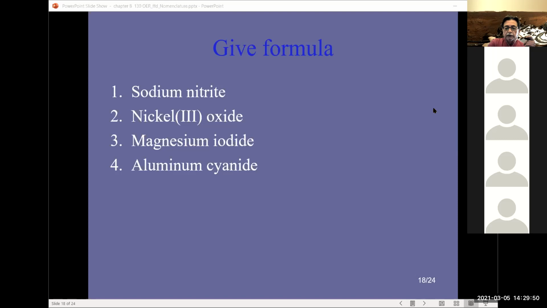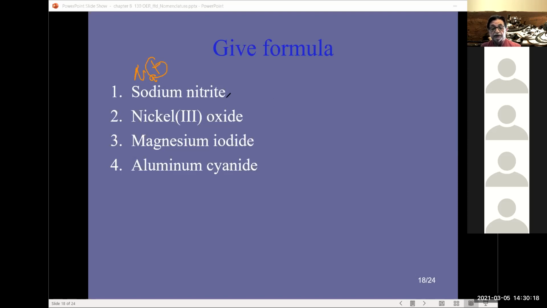All right, here we got sodium nitrite. So we're given the name. We want to give the formula. Well, we'll break it down into the ions. And what do we know about sodium? Yeah, sodium is a +1.